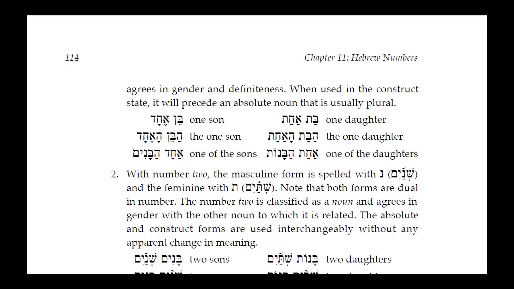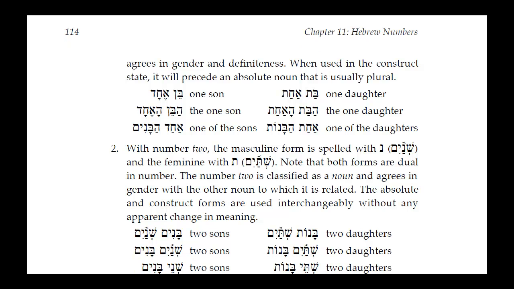When used in the construct state, it will precede an absolute noun that is usually plural. If it's used as an attributive, like an adjective, it normally comes right after the noun and agrees in gender and definiteness, just like we have here in Haben Ha'echad, the one son.